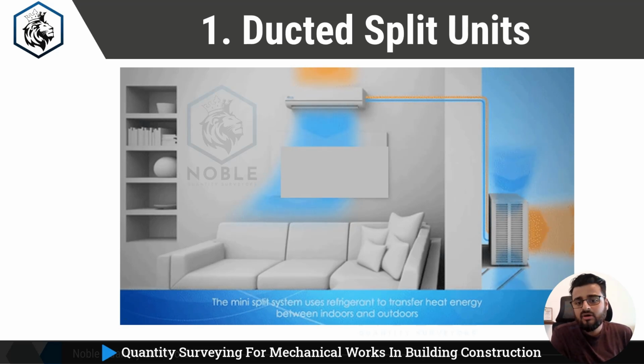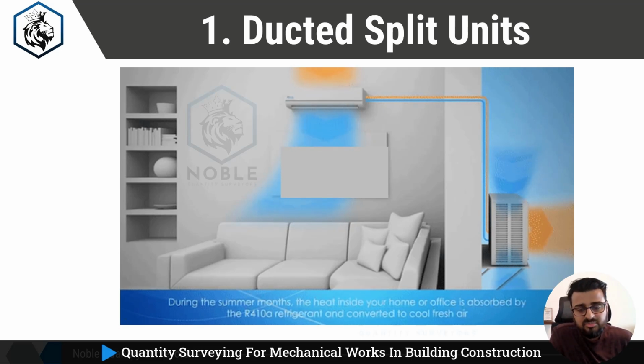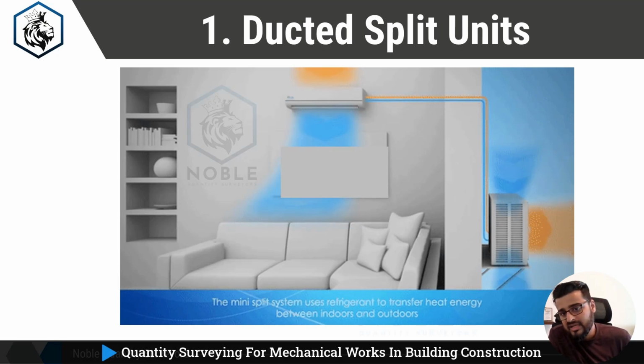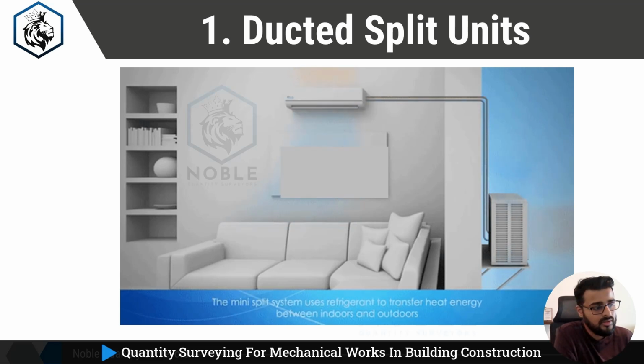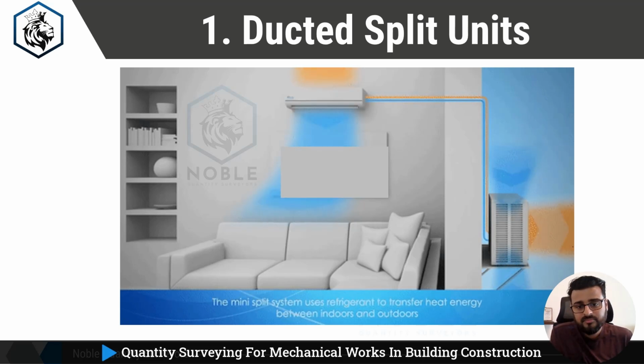What you see in orange is the hotter side, that means hot air entering and leaving the condenser. And what you see in blue is your cold side. So this is how the refrigerant process happens, and this is how a ducted split works.